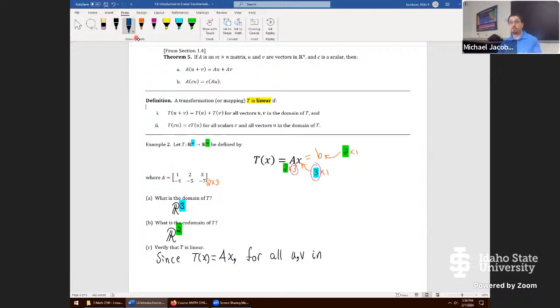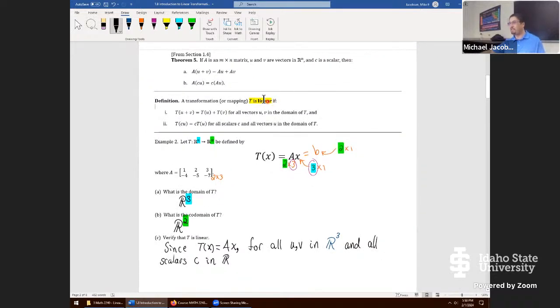I'm picking arbitrary vectors u and v, they have to come from the domain, and all scalars c. Sometimes the author calls these weights instead of scalars, but they are always in R, any arbitrary real number.